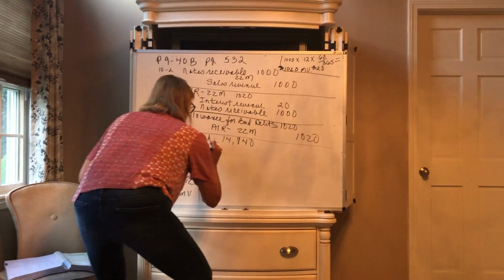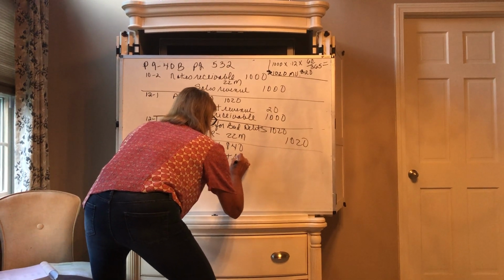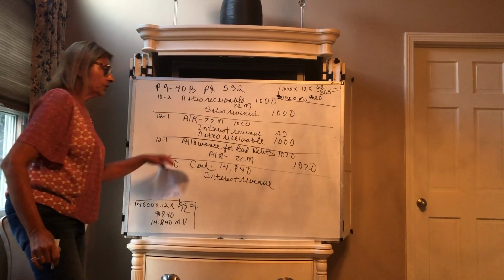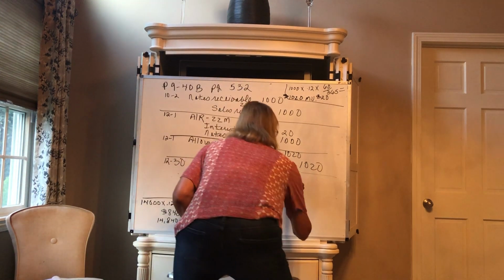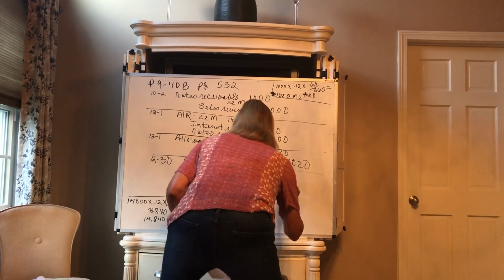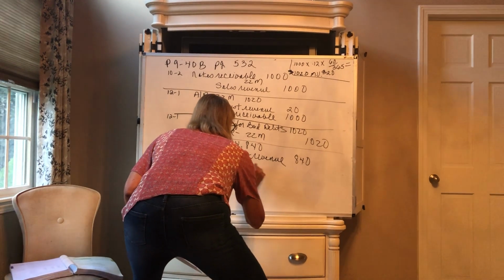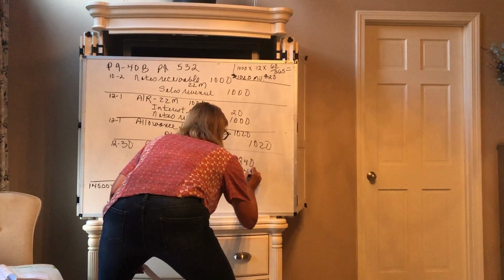We credit our interest revenue account. This time we earned it and we got paid, which is nice. Good thing we only got stuck for the little one, for the $20. So 840, and then we credit our note for 14,000.